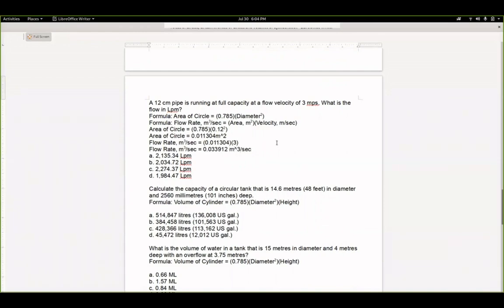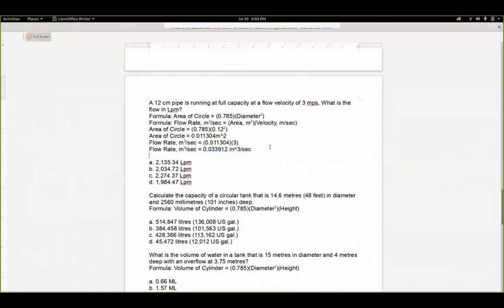But what we wanted was liters per minute. So to translate this into meters cubed per minute, we're going to multiply this by 60 because there are 60 seconds in every minute. So 60 seconds per minute.